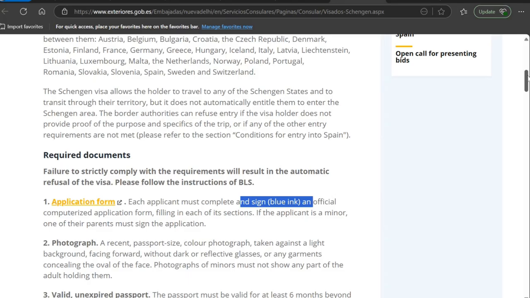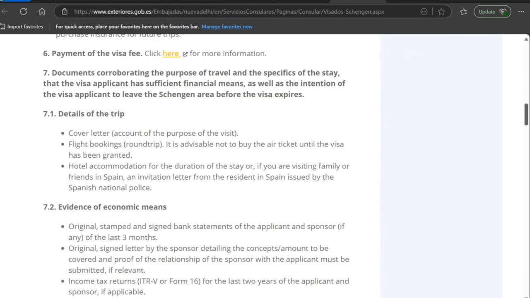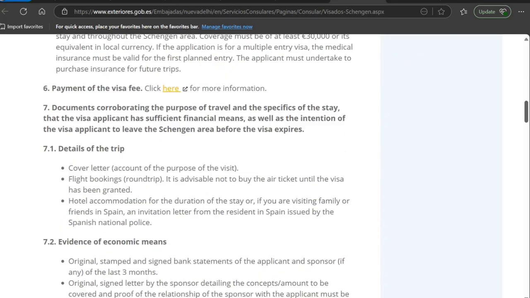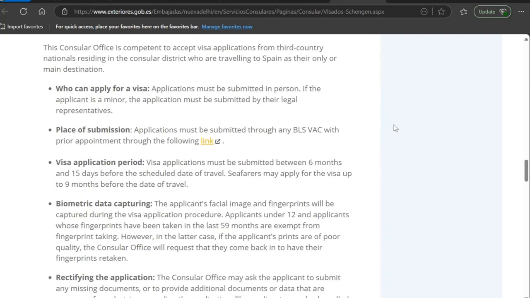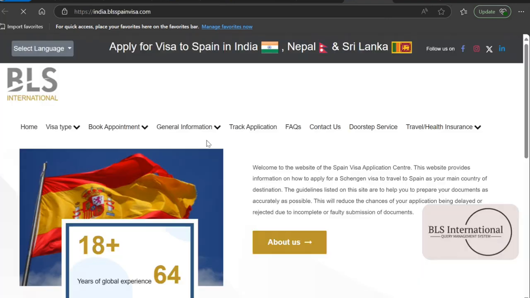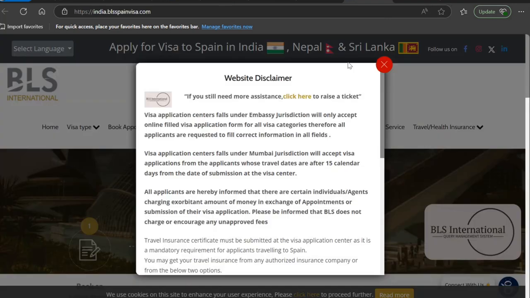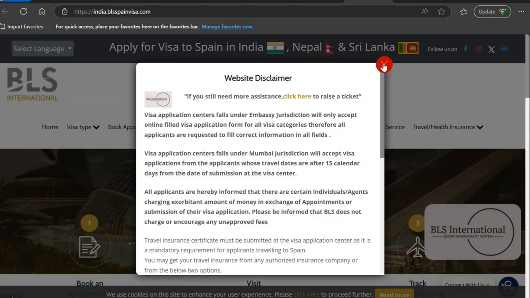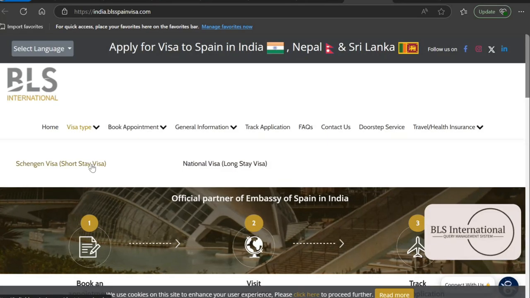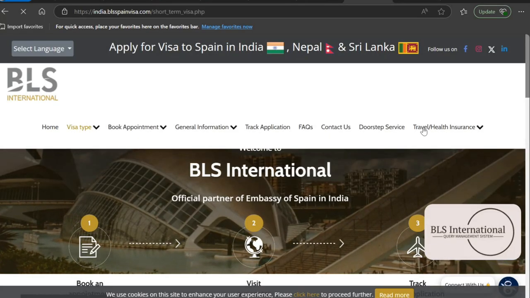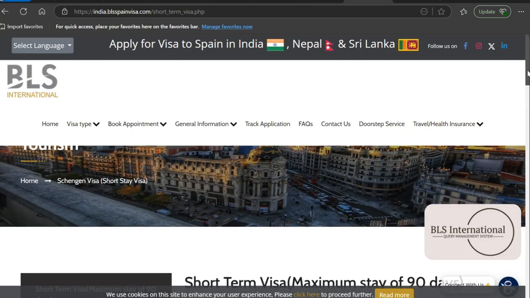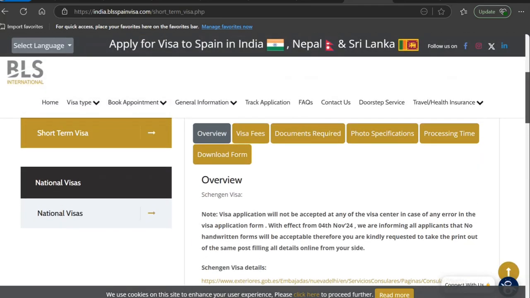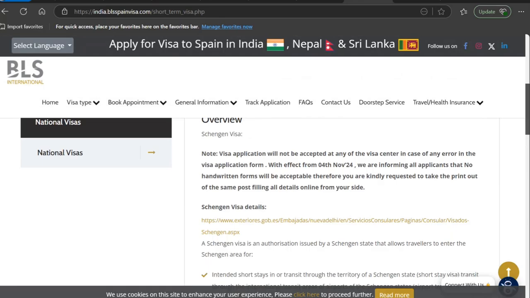All right, now when we go to the BLS site, place of submission. Okay, visa type, Indian short stay. If you select, they have also given the similar information.